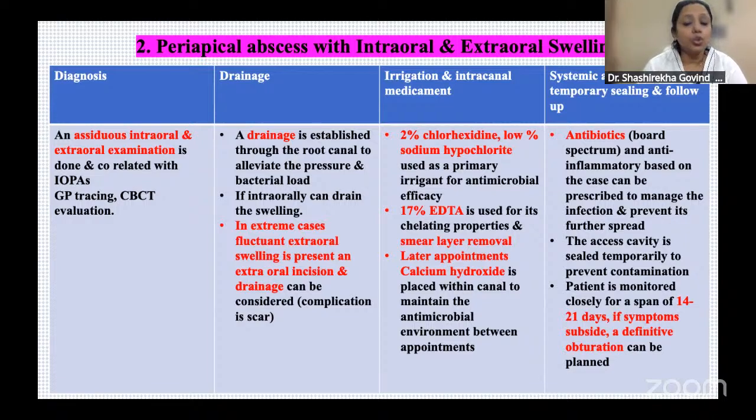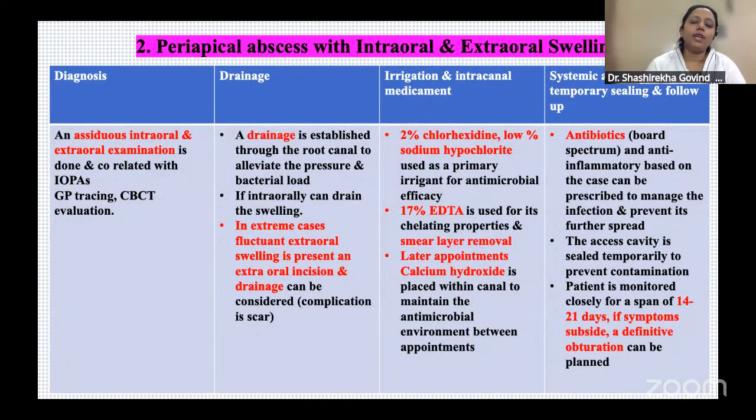And if there is no sinus present, if there is a frank caries, it's well and good, that's the tooth which is causing the intraoral and extraoral swelling. But if the tooth doesn't have any frank caries, then you need to do the vitality test, palpation, and percussion, which will help you identify which particular tooth is involved.